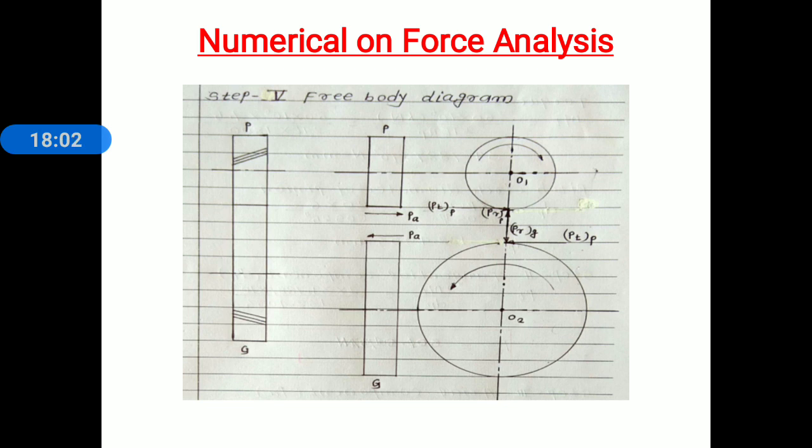When these lines slope upward to the right side, it is for the left hand helical teeth, and those 3 thin lines sloping downward to the right side are for the right hand helical gear. Now see, pinion is a left hand and gear is a right hand. After that, we draw the 2 views, pinion and gear.